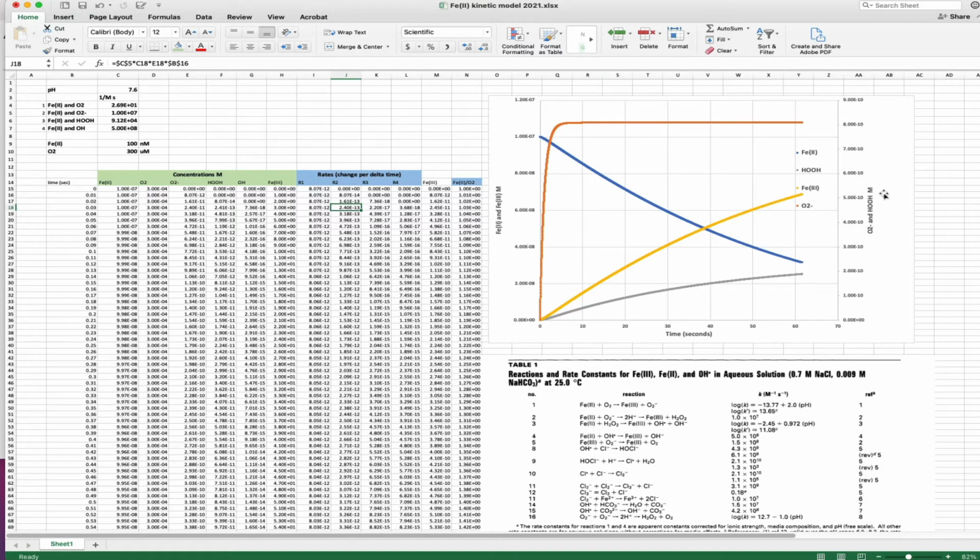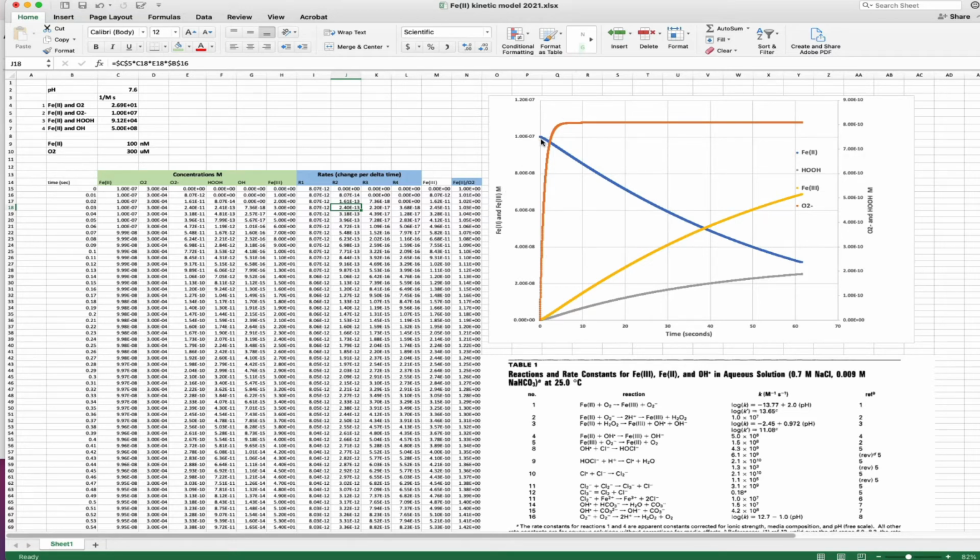Here in this plot is my result. Time on the x-axis is in seconds. Iron 2 or iron 3 is plotted on the left axis. Blue is the iron 2 concentration. It starts at 100 nanomolar, 1 times 10 to the minus 7 molar. Notice my units are molar.